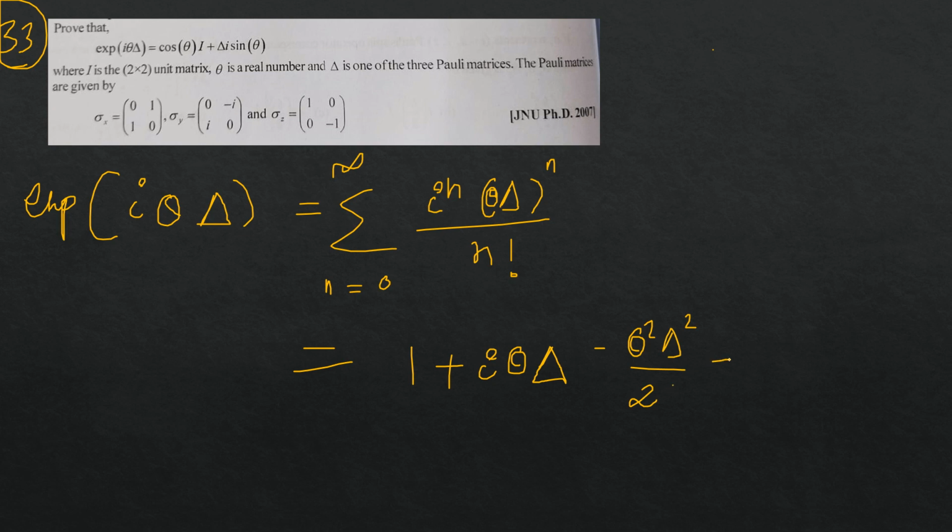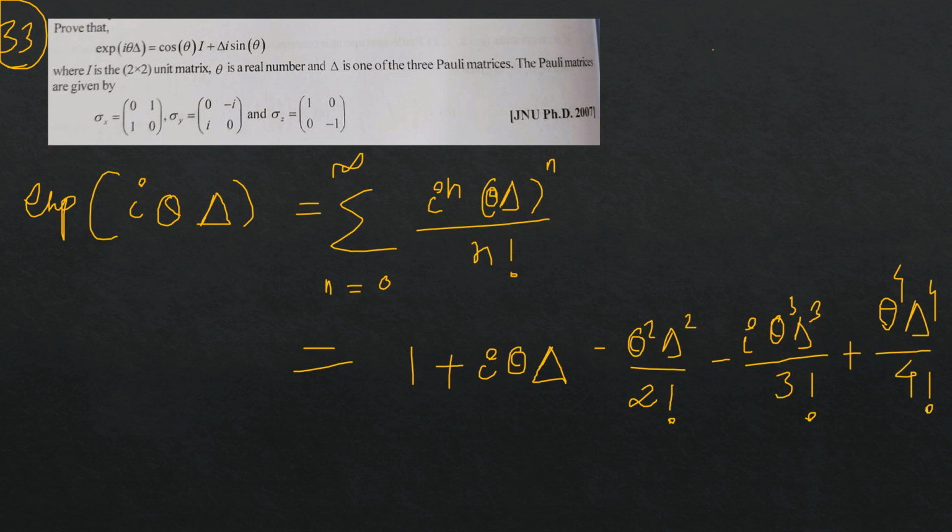That means i to the power 3 is minus i, theta cube delta cube divided by 3 factorial, plus theta fourth delta fourth divided by 4 factorial. Okay, and it will go on and on.